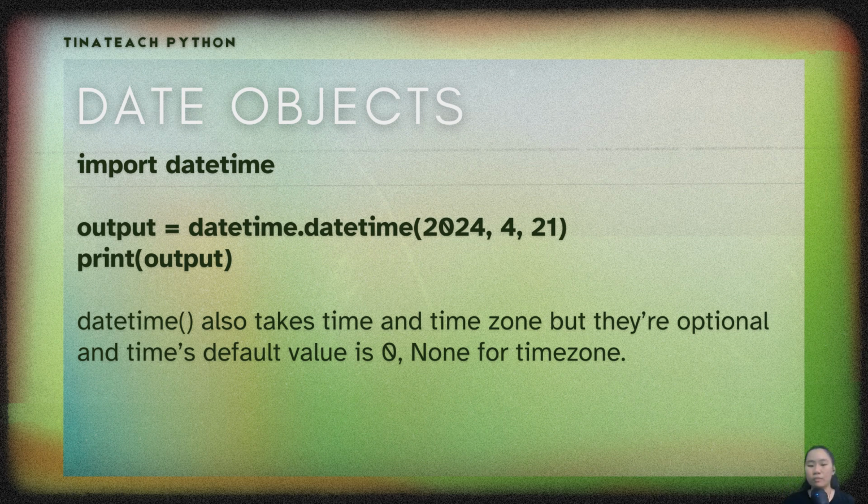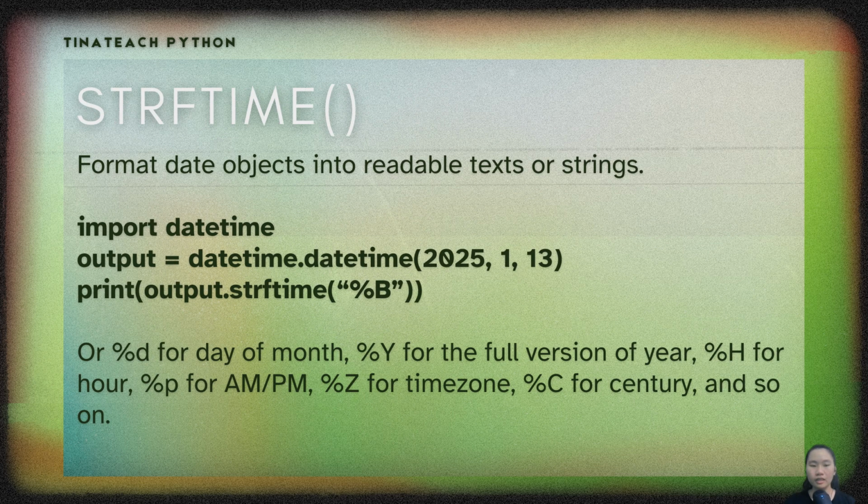And if you print output, we will see in a little bit what that looks like. Okay, so stay tuned for that. Datetime also takes time and time zone into consideration, but they are optional. So if you don't include them, time's default is 0 and time zone default is none.